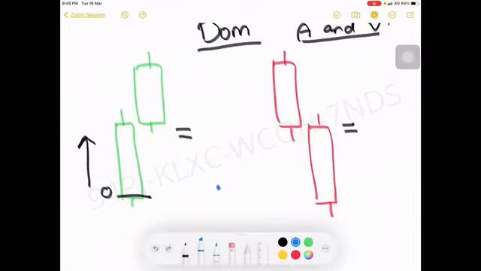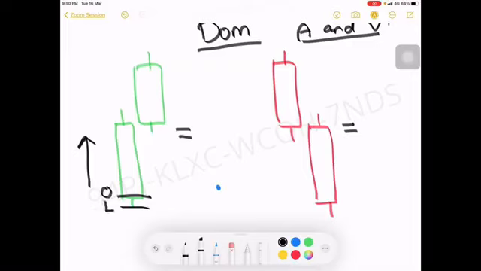Yes. So, what candlestick is this? It's a bullish candlestick, right? Yes, bullish. So, if it wants to go up, it must go down first.